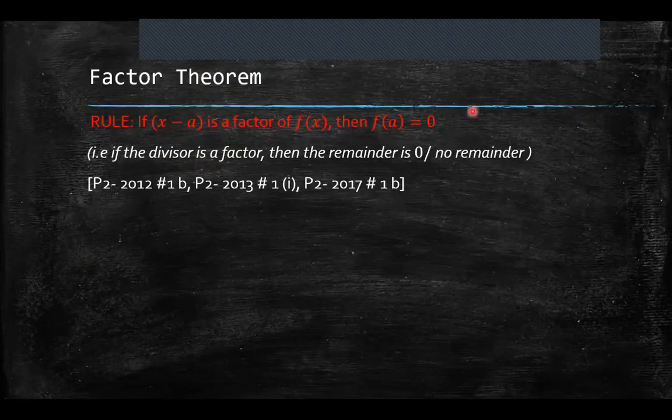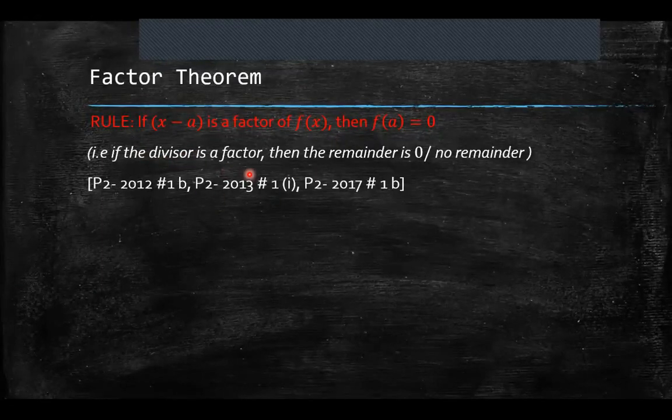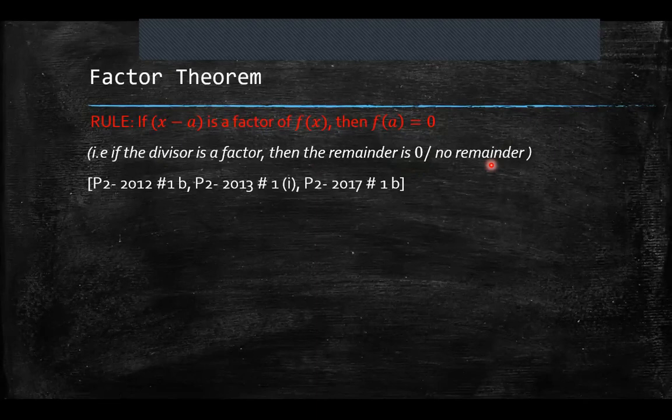So this whole rule in English just means if they told me that the divisor is a factor, that means that the remainder is equal to 0. Or you might hear no remainder. Same thing, right? No remainder or the remainder is equal to 0.